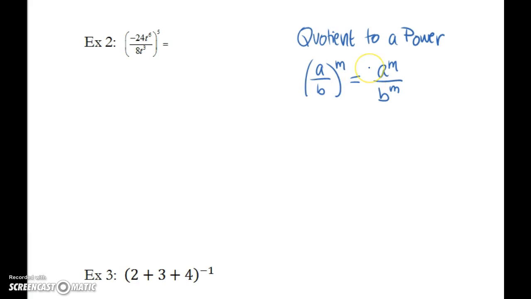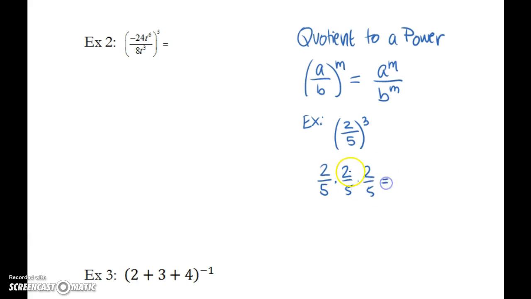All right, so again, if you have a hard time memorizing these properties, here's where the quotient to a power property comes from. Let's look at a more specific example. Let's say we had 2 fifths to the third power. If we were to expand this using our notion of exponents, this becomes 2 fifths times 2 fifths times 2 fifths.